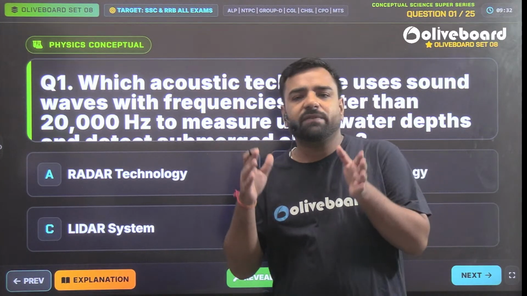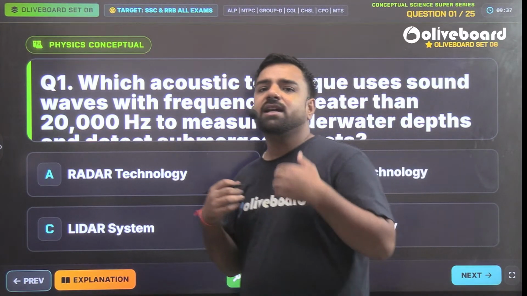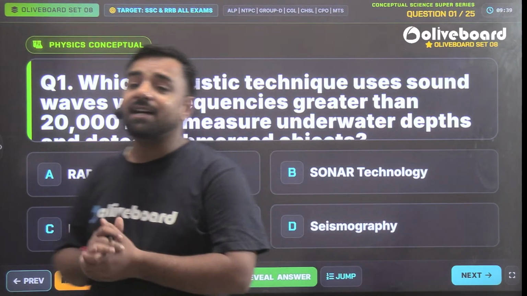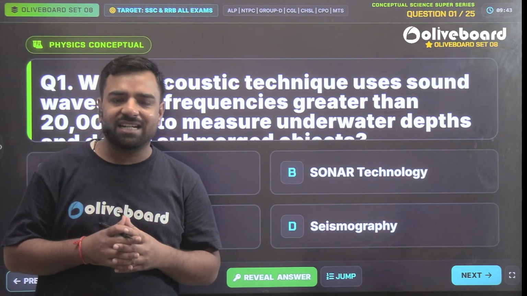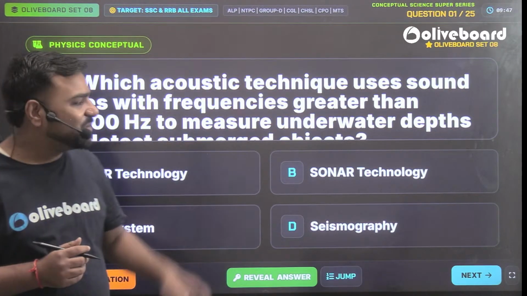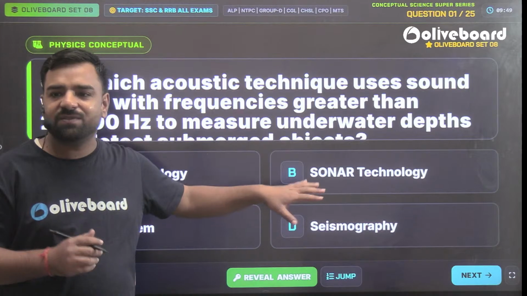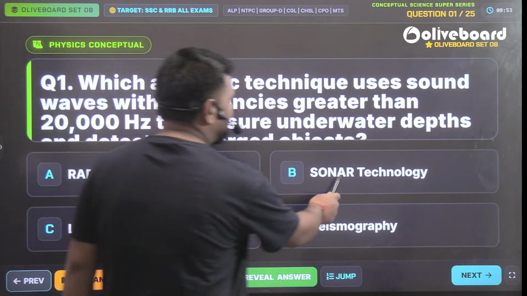If it is between 20 hertz to 20,000 hertz, that's the audible range which we can basically hear. And if it is above 20,000, that's ultrasonic, right? If I talk about sonar technology, sonar stands for sound, navigation, and ranging. Here we are using ultrasonic waves, and everyone who is going with sonar is absolutely correct. So the answer will be option B.